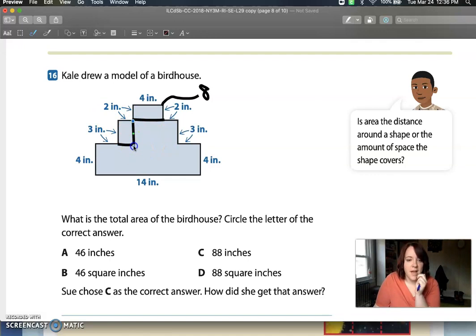Okay, now I know that I've already found this one and it's 8. Now I need to find this one, 2 times 3. Well, we know 2 times 3 is 6. Now we need to figure out, maybe let's look. If we know this is 3, we know this is 4.